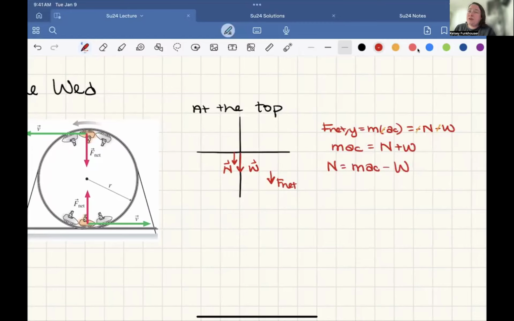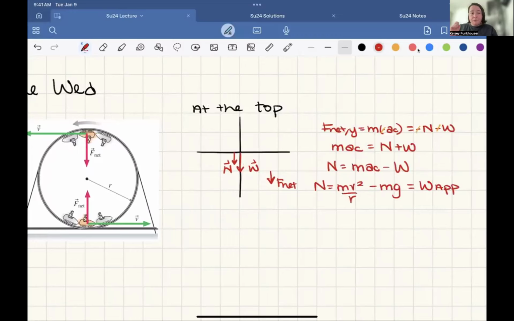And we could plug in a little bit more. For example, if we know the velocity, we could say this is mv squared over r minus mg, as complete as we can. And this is the apparent weight.